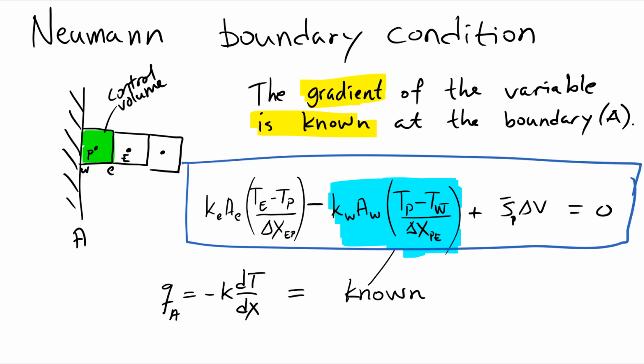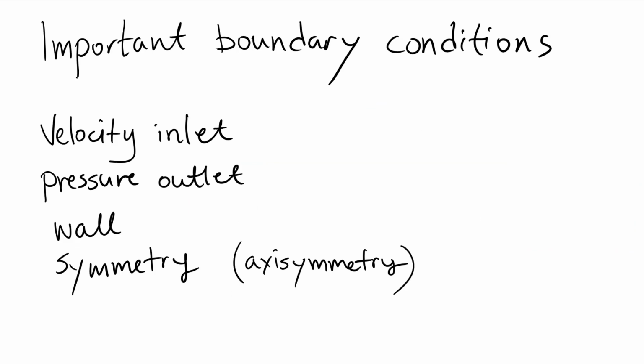So with the Neumann boundary condition, we know the gradient of the variable at the boundary. So then we can state that the west side gradient here is known. And we can input it directly into the flux expression for this control volume. So some important boundary conditions that are based on these is the velocity inlet, where we have a fixed velocity given at the inlet.